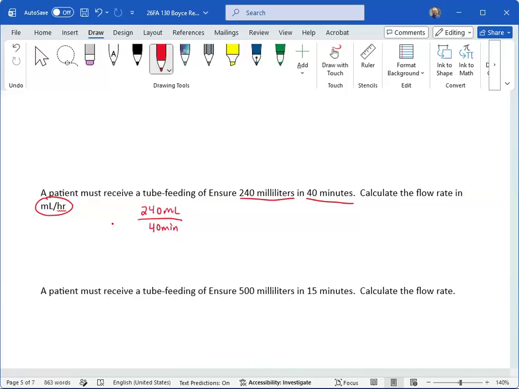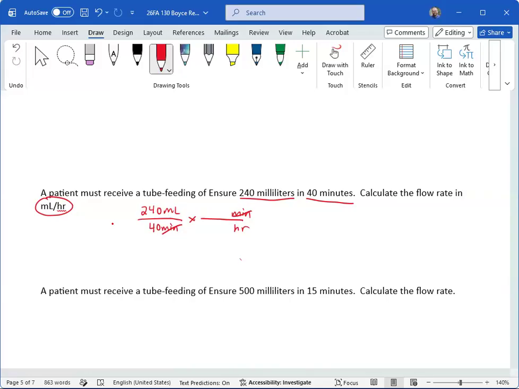Now, if I calculate this out, I'm going to get my milliliters per minute, but I don't want that. I actually want to convert minutes to hours. So again, if you ever forget, write your units first, and cross them out. If you're ever somebody who multiplies when they should have divided, or divided when they should have multiplied, it's because you're starting with the numbers and not the units. Start with the units first. The units will tell you where the numbers go, not the other way around.